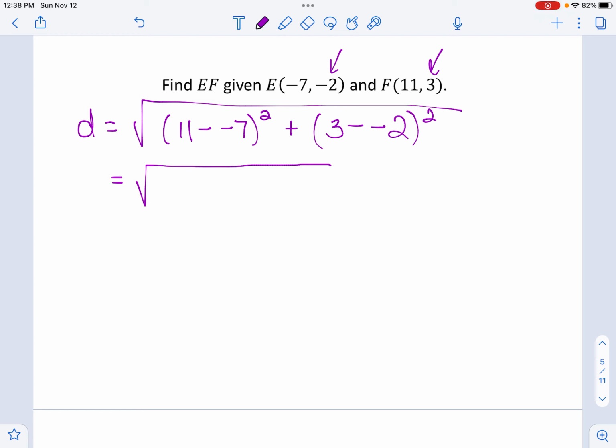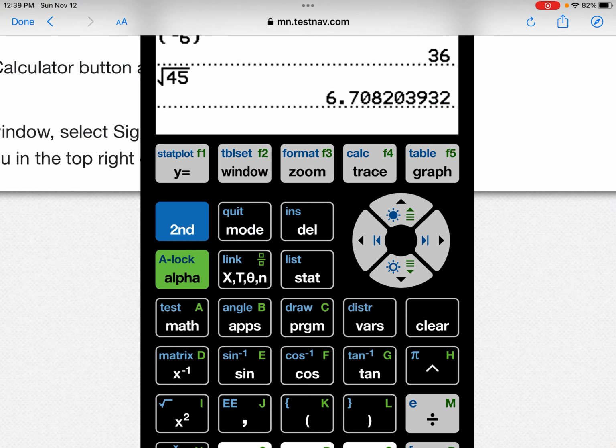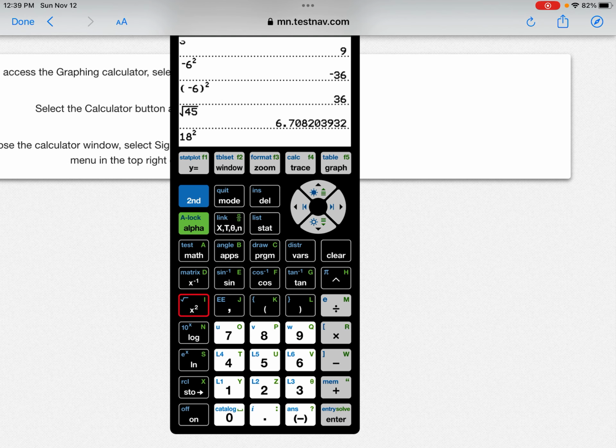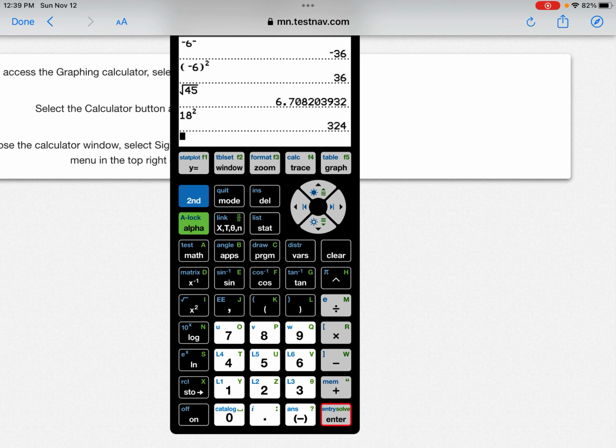So 11 minus negative 7 is 18. So I have 18 squared plus, and then 3 minus negative 2 is 5 squared. So now I need to figure out what 18 squared is. 18 squared is 324.